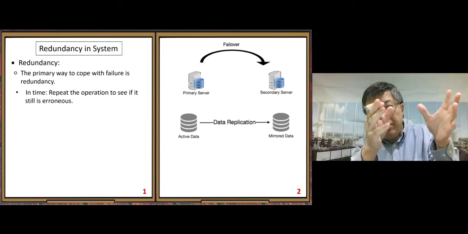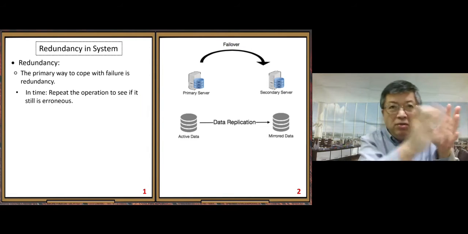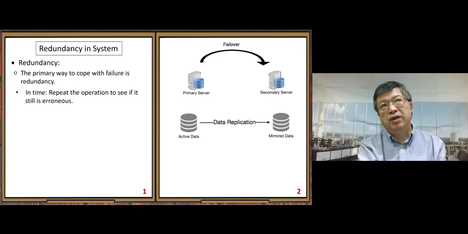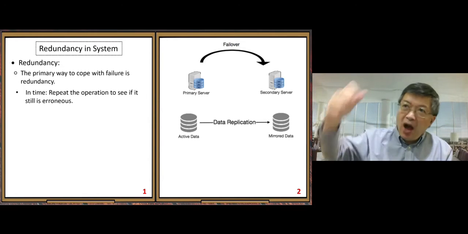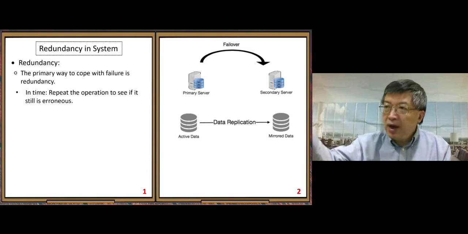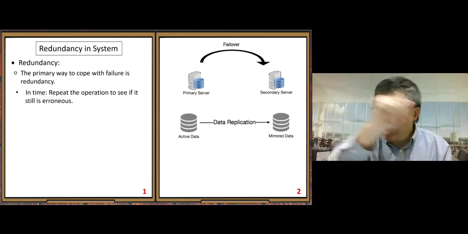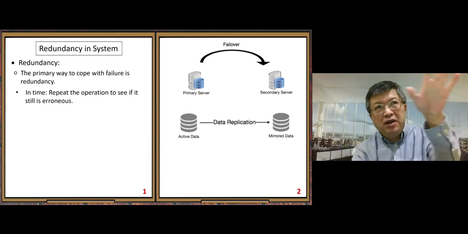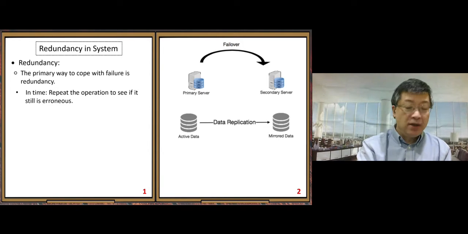Because when we do the operation, there could be some problem that caused the error. Then in time, we repeat it another time, and we hope to fix the problem. So that's the in time meaning.